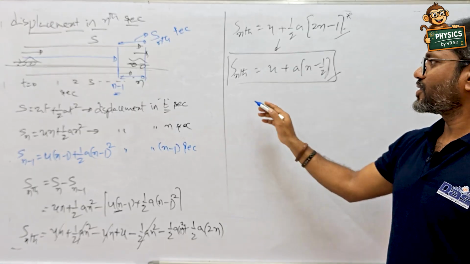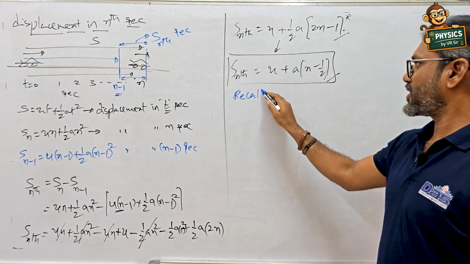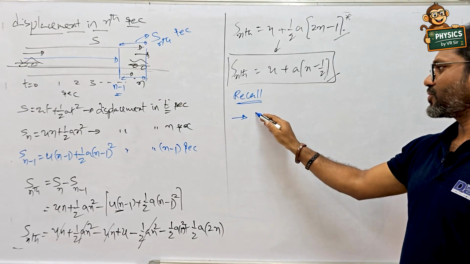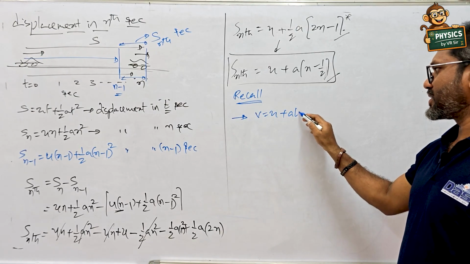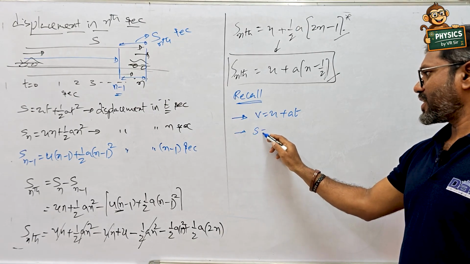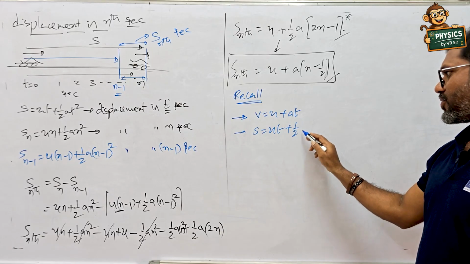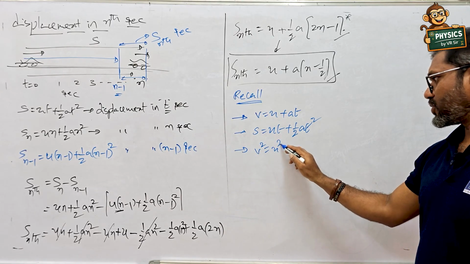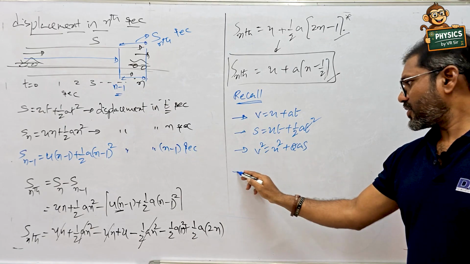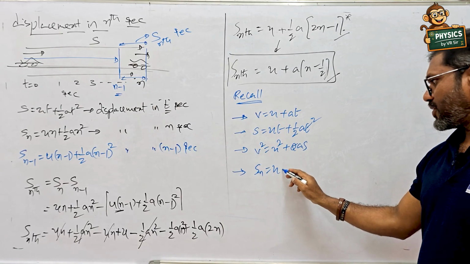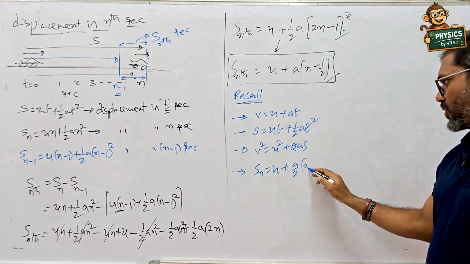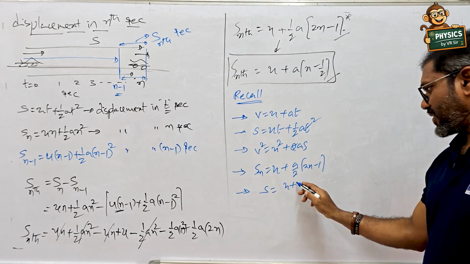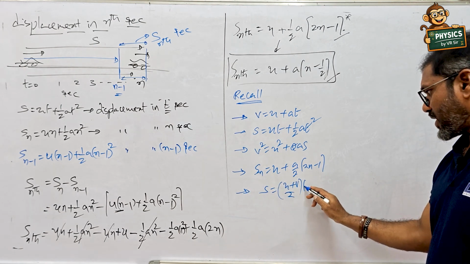Now, before going with the numericals, let us recall all the equations which are possible only for constant acceleration. First one, v is equivalent to u plus at. The second one, s is equivalent to ut plus half at square. The third one, v square is equivalent to u square plus 2as. The fourth one, Sn is equivalent to u plus a by 2 into 2n minus 1. And the fifth one, displacement is average velocity into time.